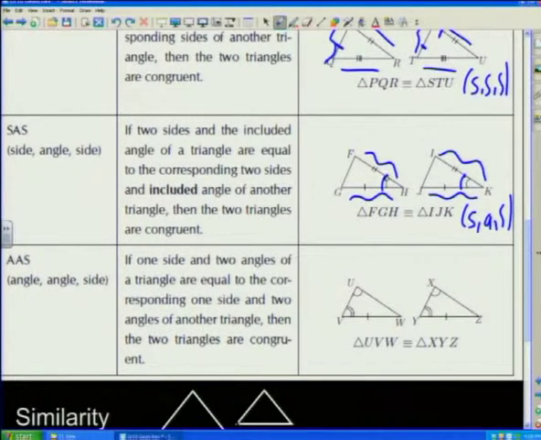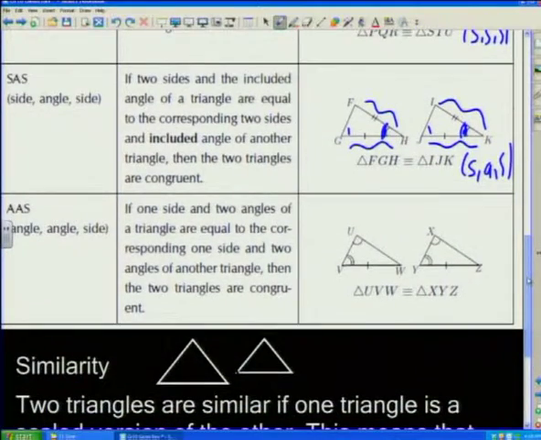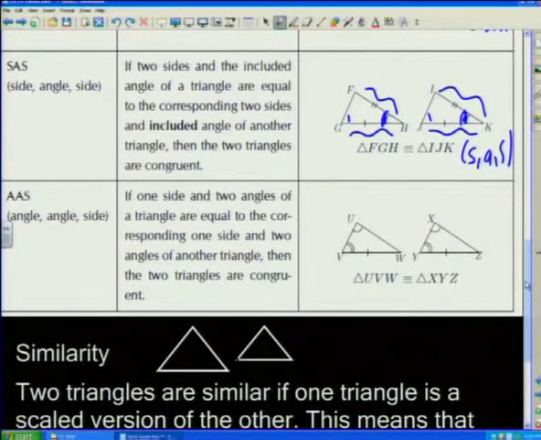Important, the angle that we're talking about has to be between the two equal sides. So it can't be, for example, angle G and angle J. Then that would not be your reason side, angle, side. Those two triangles would not be congruent. So just be careful of that. With side, angle, side, your angle has to be included.